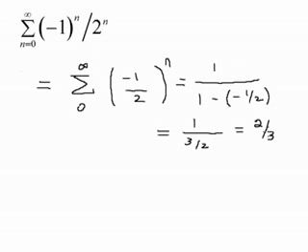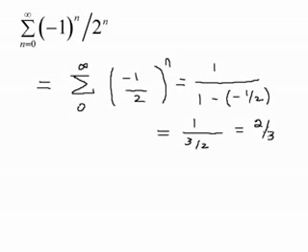Now let's take a look at another example. The sum from n equals 0 to infinity of (-1)^n over 2^n. We see that this is an alternating series, which satisfies all of the conditions of the alternating series theorem. So it is going to converge. But we can even say more. This is also a geometric series, the sum from 0 to infinity of (-1/2)^n. And if I apply the geometric series theorem, I get that this sum is 2/3.